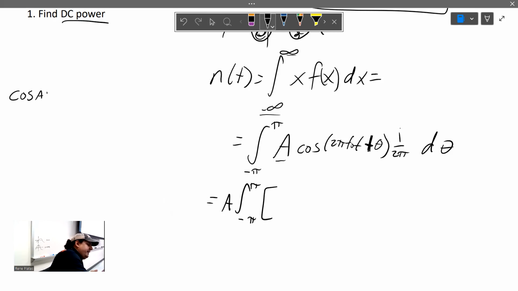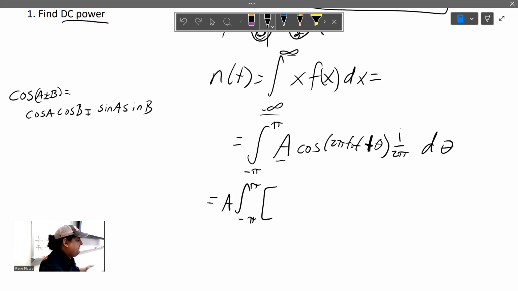Cosine of a plus b is going to be equal to cos, sine, change sign. So this is the formula right here.